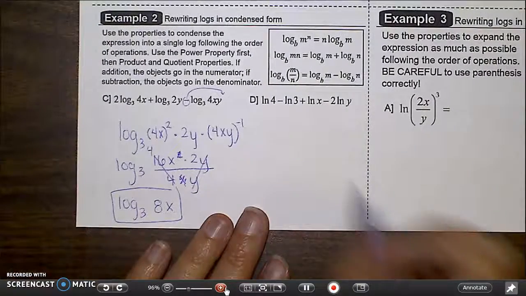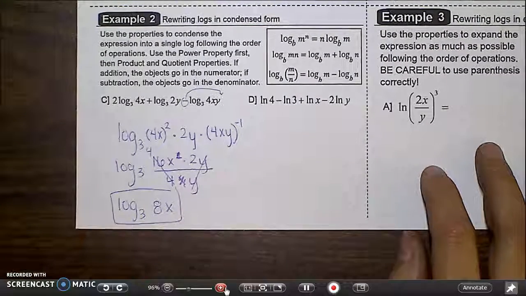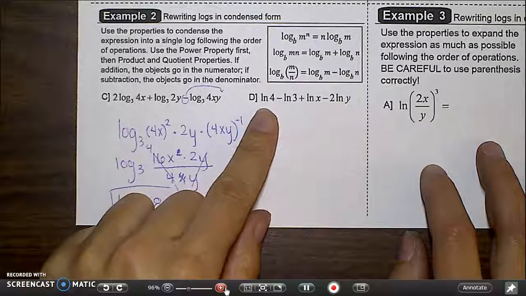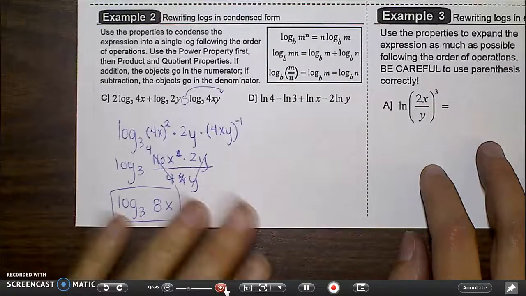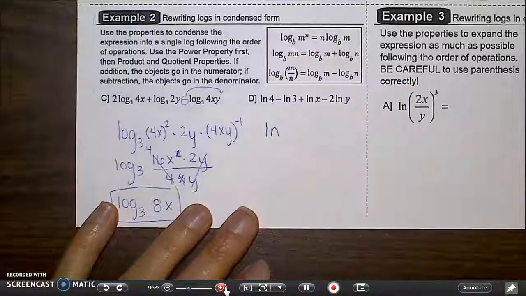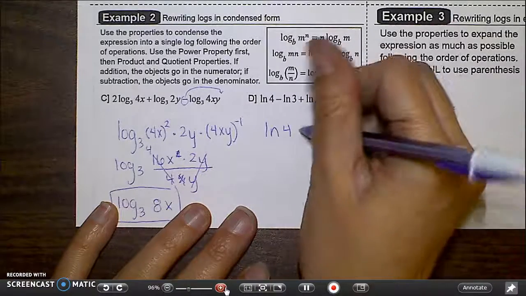So D is similar. The only difference is that it's natural logarithms. And I also noticed this on some of your guys' daily quizzes. I think that you think that's maybe an I, and it's actually an L. So just a thing. So we're going to have natural log of 4 with no exponent. I mean, it's 1.